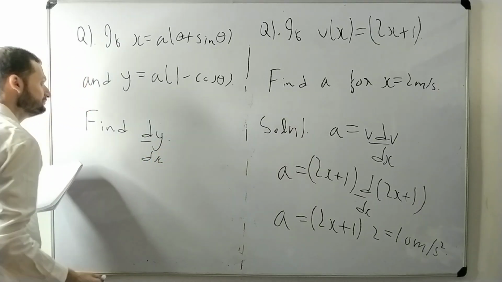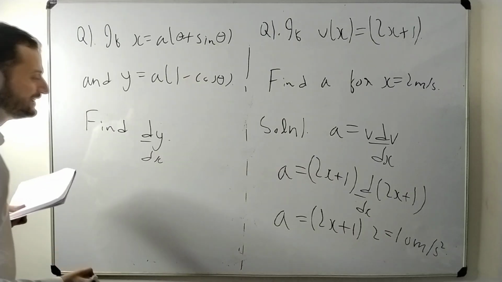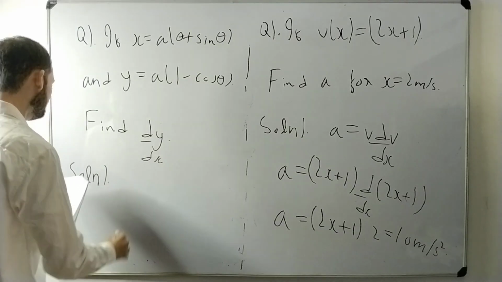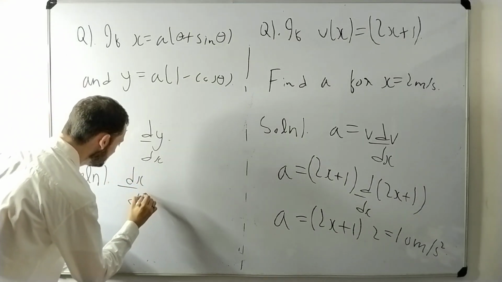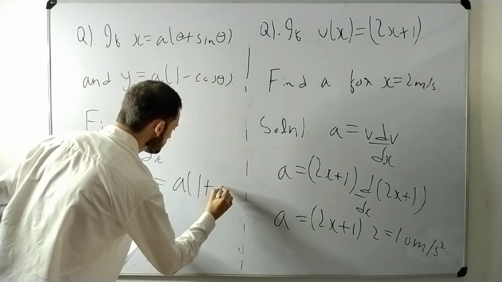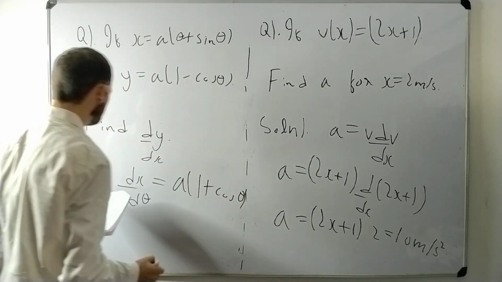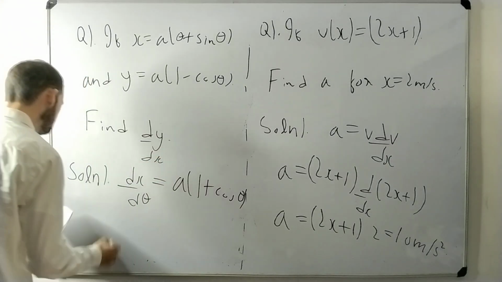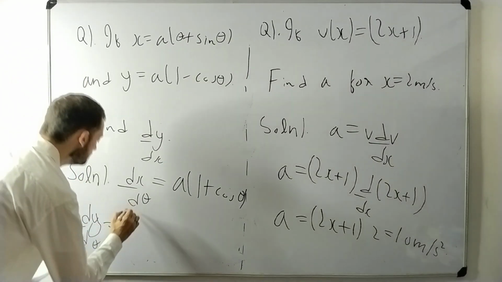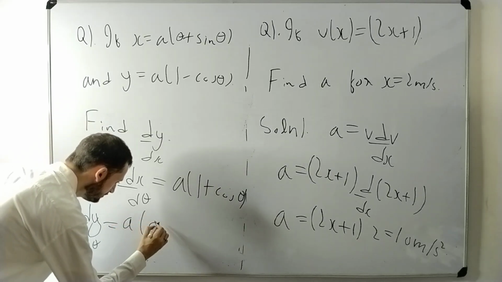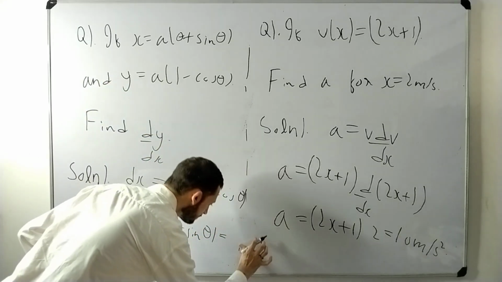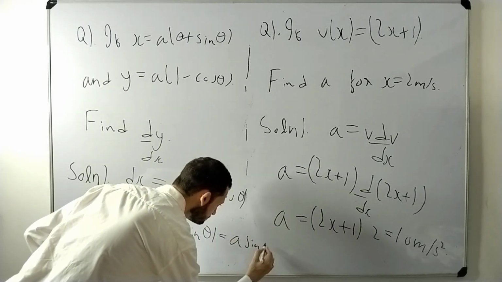What could it be? You tell, or let Sir Isaac Newton tell. dx by d theta gives a times 1 minus cos theta, right, students? Definitely, sir. You differentiate. dy by d theta gives us what, students? The differentiation in the same manner, 0 plus sine theta. This would give a sine theta. Right, students.